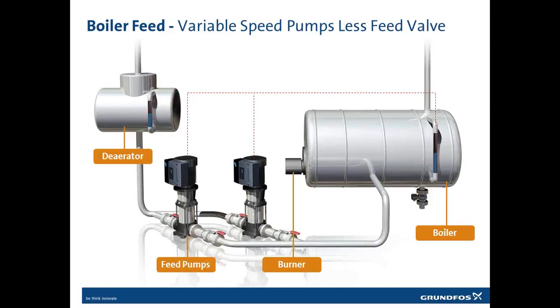Okay, so basically, if you're using speed control in this type of arrangement, then you must have controls set up such that the pumps are actually switched off when the boiler water level is sufficient. It takes some strategy in the controls to make this successful. In other words, you can't just buy a couple of drives, mount them on a wall, hook them up for level control, and think that it will be successful.